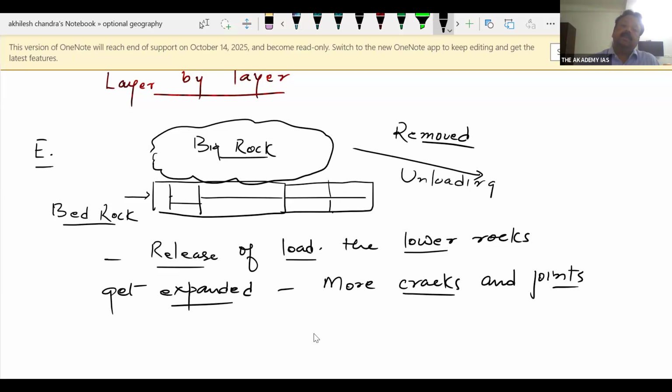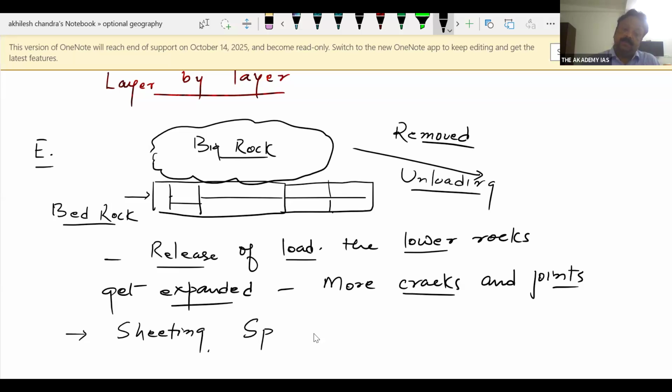There is reduction in the load and the bedrock expands. This creates more cracks and joints. Okay. And later on, they get loosely held because of other activity and removal of layer takes place. Fine. In form of sheeting. You will find sheeting is going on.